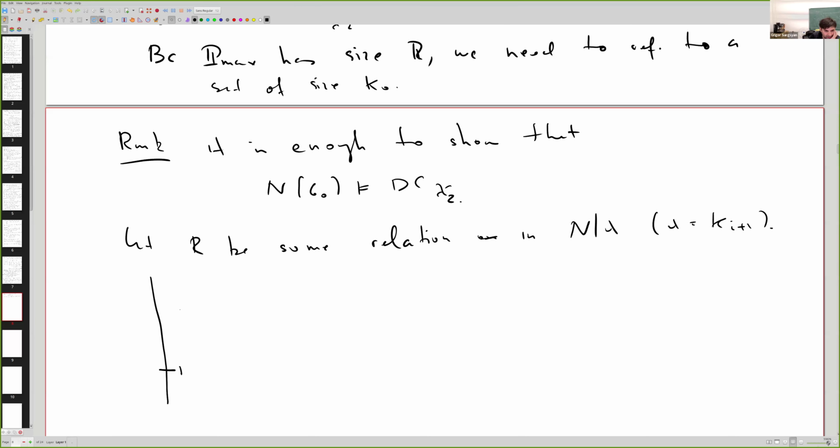This was kappa 0. I have lambda somewhere up there. And so I reflect to some point down here. And there is the previous one, right? This is kappa I plus 1. And I have kappa I. My R shows up here. So I want to reflect this down to some, it's a name, sorry, the Pmax name.